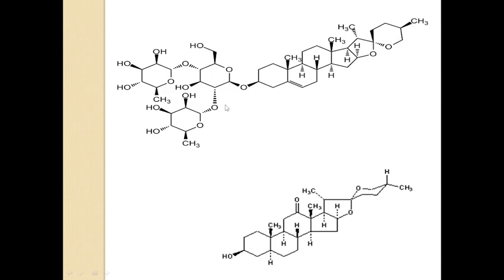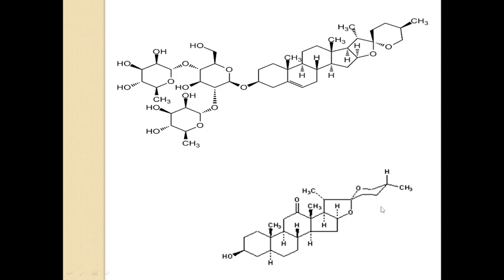This one is the structure of diosgenin, and to that the glycoside is attached at the third position. This one is the O-glycoside linkage. O type of glycoside is there and it is attached at the third position. This is about the structure of dioscin, which is a spirostanol glycoside.